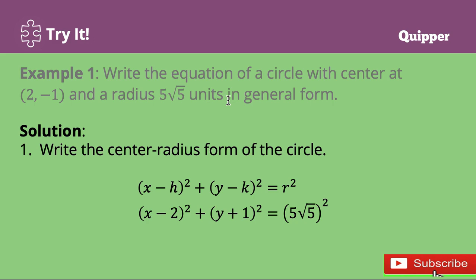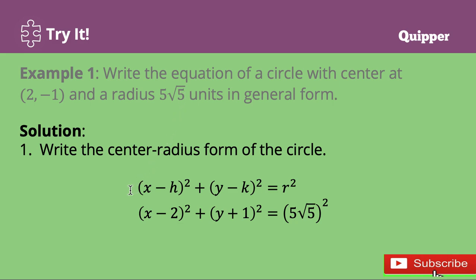Since the coordinates of the center of the circle are 2, -1, and the radius is 5 square root of 5 units, we have the value of our h is 2 and our k is -1. r is equal to 5 square root of 5.